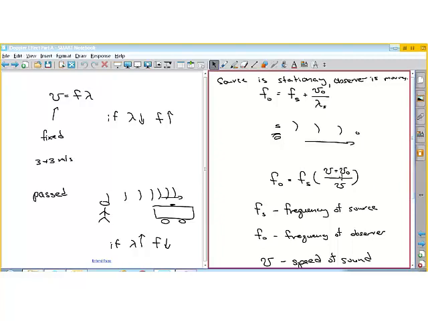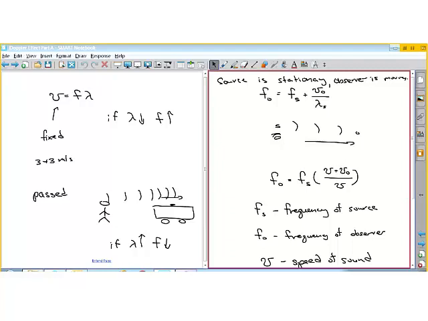And it's positive when you're moving towards the source. So if you were moving towards the source at 10 meters per second, this numerator would be greater than the denominator, and therefore the observer would hear a higher frequency than that emitted by the source.